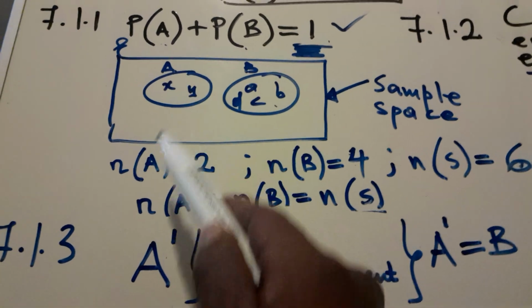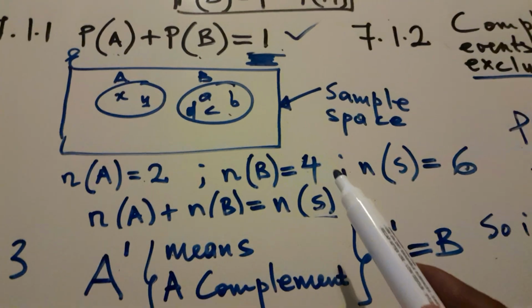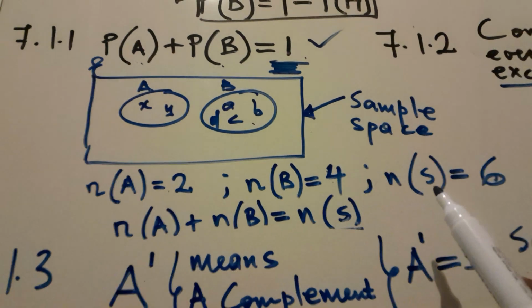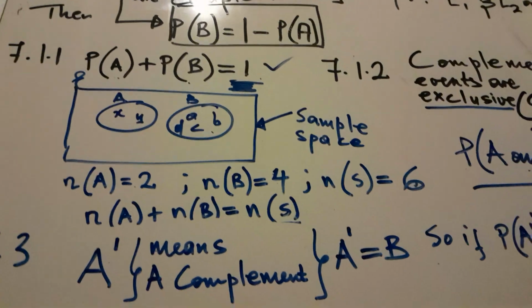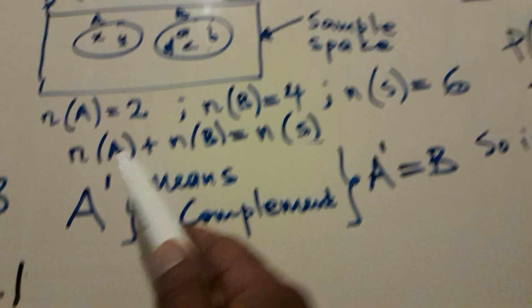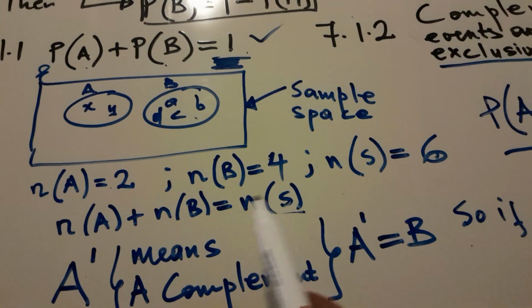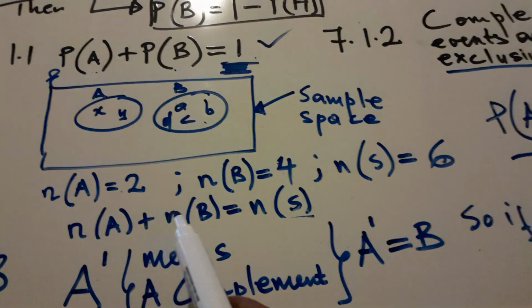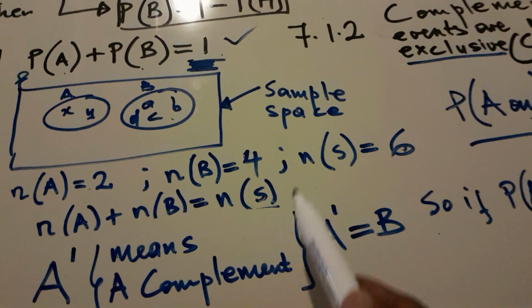It's 1, 2 there, then 1, 2, 3, 4. And it should give you the total in the sample space, which is 6. So in the same way, if the sets are complementary, the number of elements in A plus the number of elements in B gives you the number of elements in the sample space.